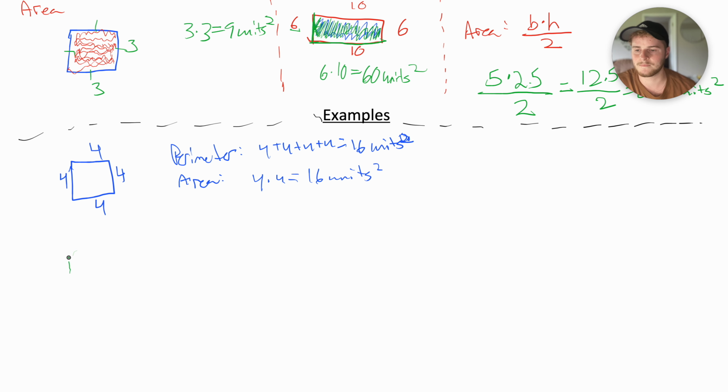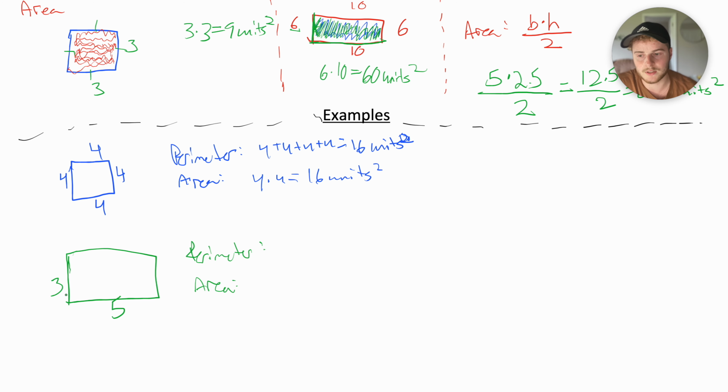All right, let's look at a rectangle here. Let's say we got a 3 by 5 rectangle. So we got perimeter here, area here. For the perimeter, we're going to leave out some measurements so we can think about it a little more.